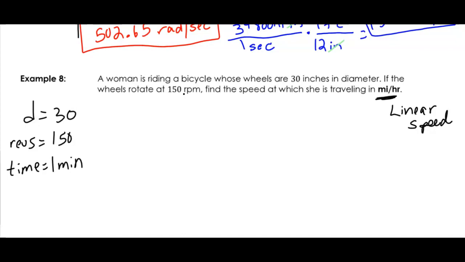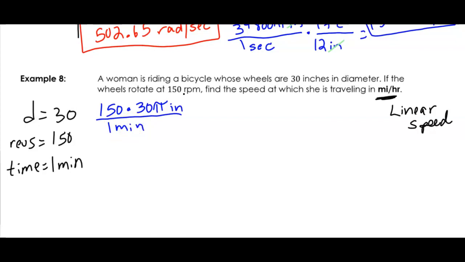So you're going to take your revolutions, which are 150, times your circumference, so pi d, so 30 pi. So your diameter was given in inches, so right now we're in inches. And the time is minutes, so we're in 1 minute.